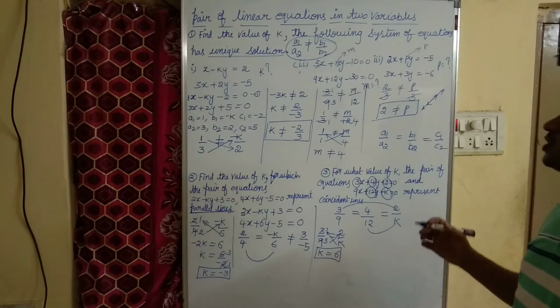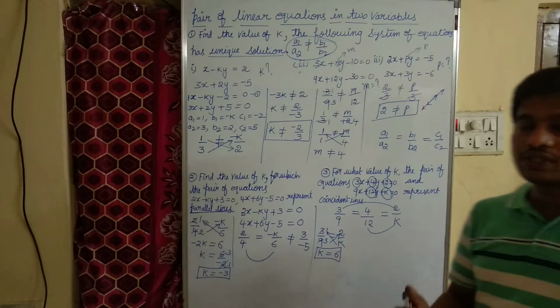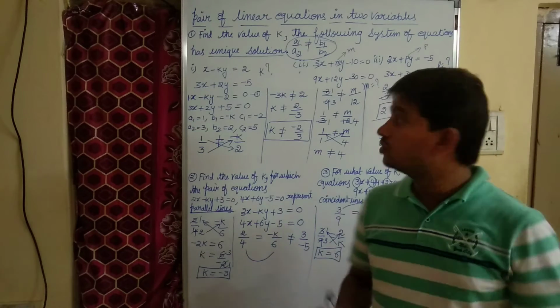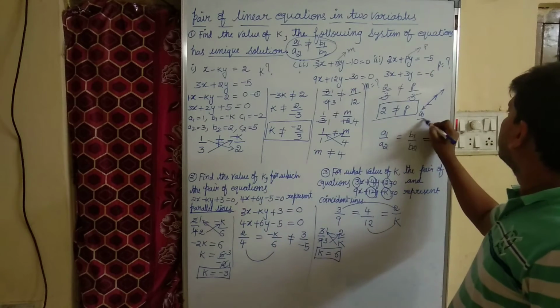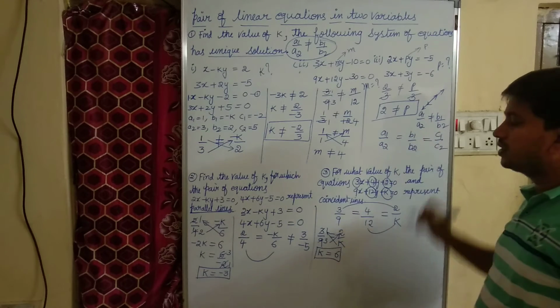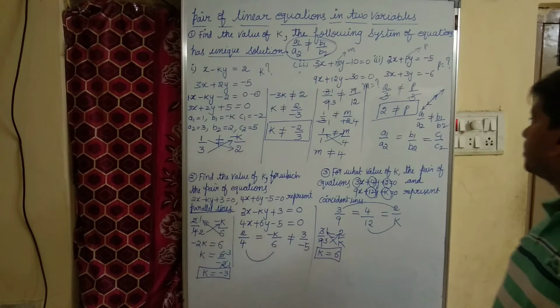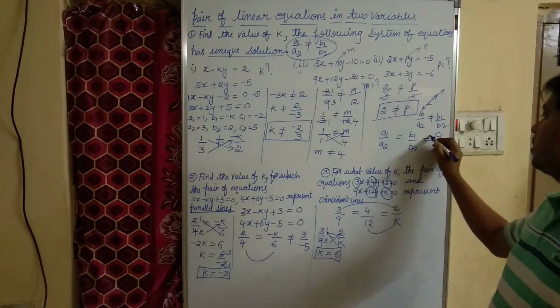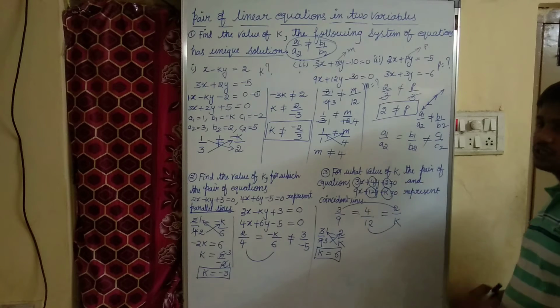As we have discussed in this topic, first one is unique solution. The condition for unique solution is A1 by A2 is not equal to B1 by B2. This is the condition for unique solution. Coming to second one, parallel lines. Condition for parallel lines is A1 by A2 is equal to B1 by B2 is not equal to C1 by C2.